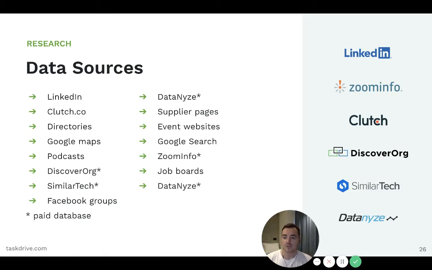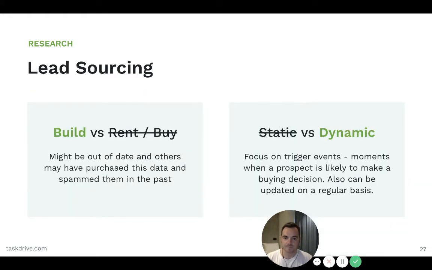You may look at directories if you're targeting restaurants, or Google Maps even if you're going for restaurants. Podcasts could be a great place for you to start doing some research. And then you have the larger databases like Discover.org, ZoomInfo, Datanyze. You've also got Similar Tech, Facebook groups. There's so many different data sources. You just need to really work out where it is that you'll be able to find your leads.